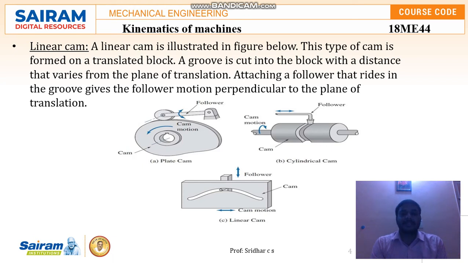Translation is also one of the types of motion a normal body can produce when we consider degrees of freedom. Even rotational or translational motion takes place. Attaching a follower that rides the groove, again there is contact between the groove and the follower.